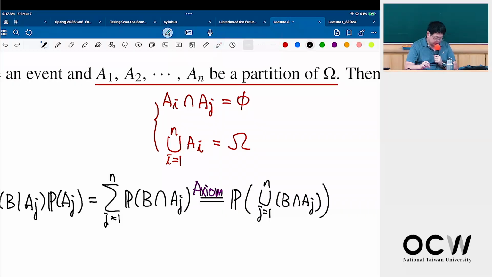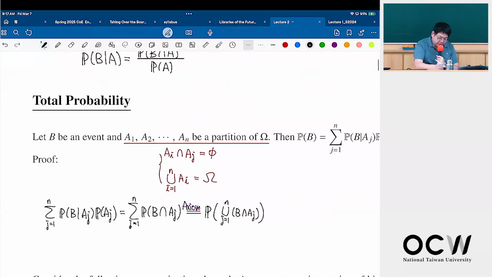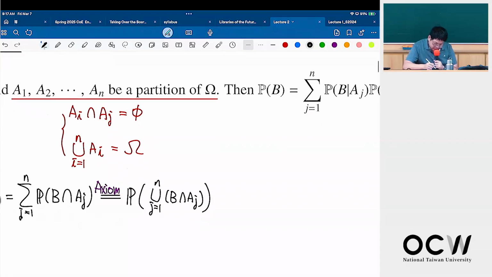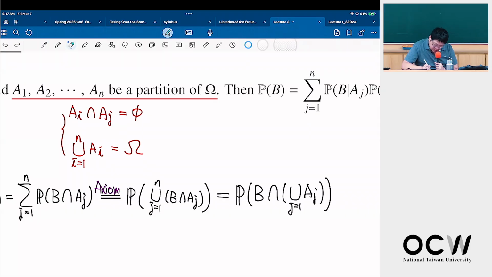And here we can also simplify it. That will be the probability of B intersect the union of AJ from J equals 1 to n.